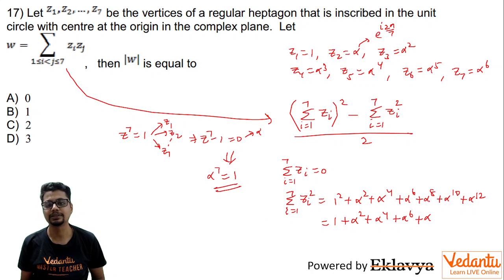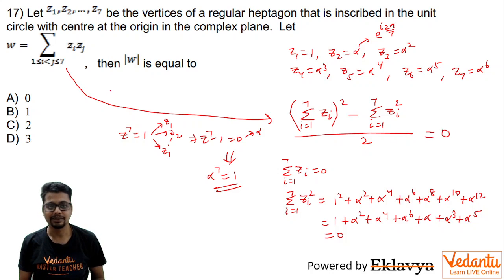So alpha to the power 8 is alpha. Similarly, alpha to the power 10 is alpha cube, and this is alpha to the power 5. So you have 1 plus alpha square plus alpha cube plus alpha to the power 4 plus alpha to the power 5 plus alpha to the power 6, which again is 0 because it is the sum of these seventh roots of unity. So this essentially means (0 square minus 0) divided by 2, which is 0.